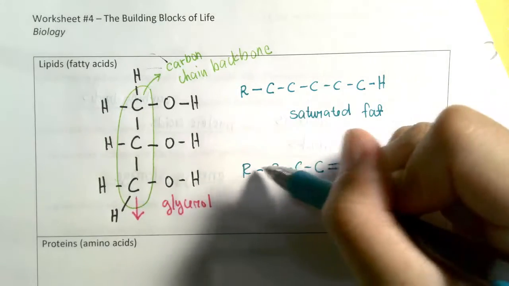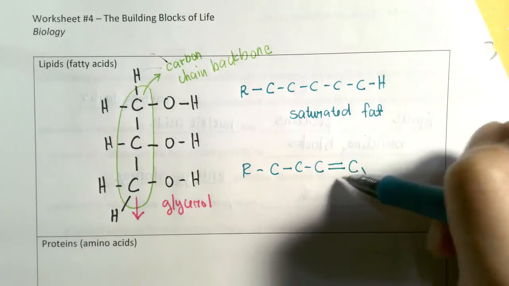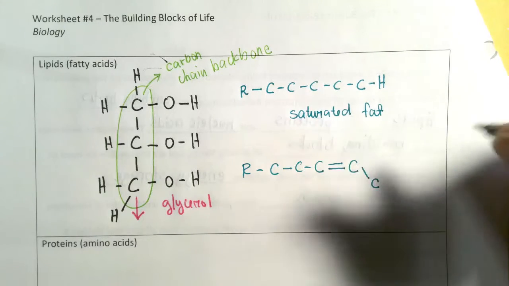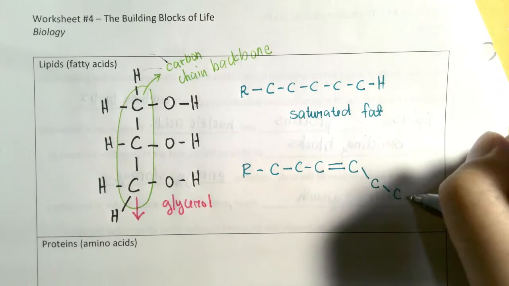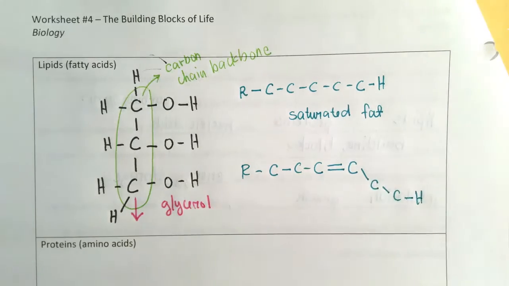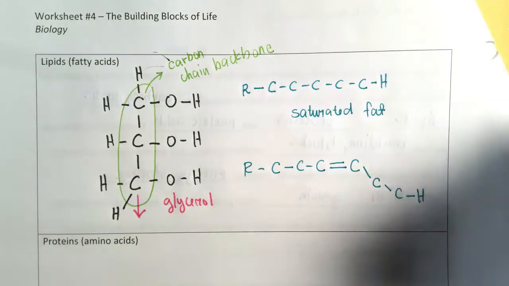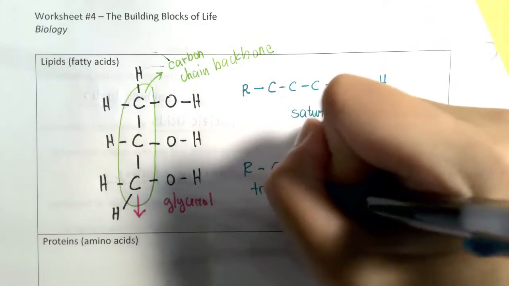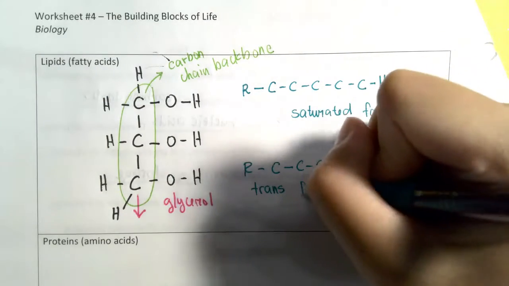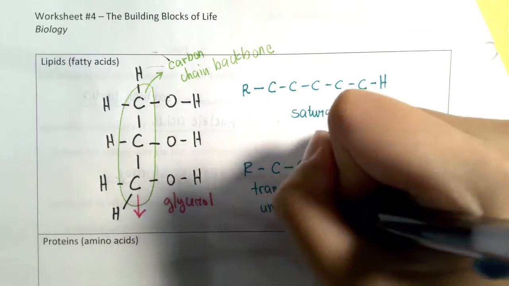So instead of it being straight, when you have that double bond, it kind of bends. Okay, then this is the new structure. So this is trans fat or unsaturated fat.